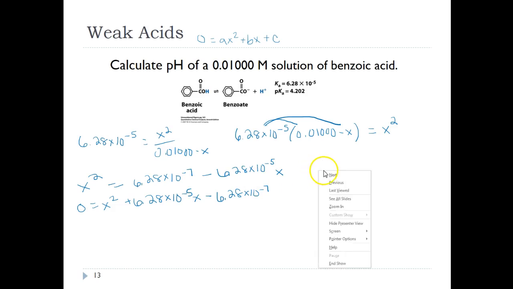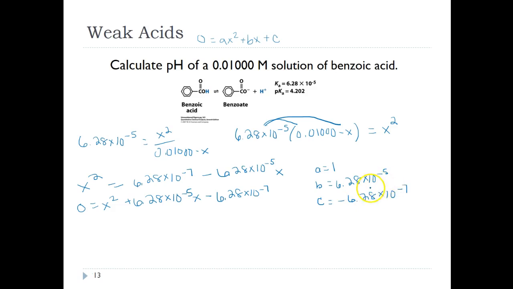So the a term is equal to 1. The b term is equal to 6.28 times 10 to the negative 5th, and the c term is equal to negative 6.28 times 10 to the negative 7th.